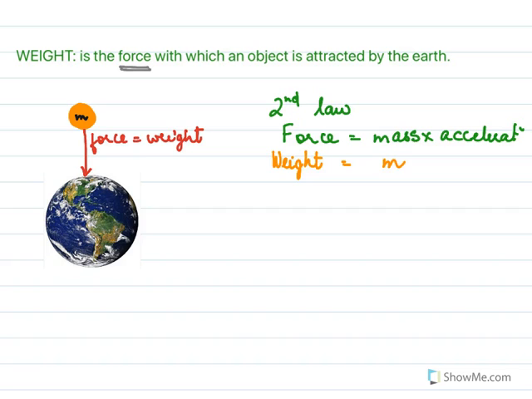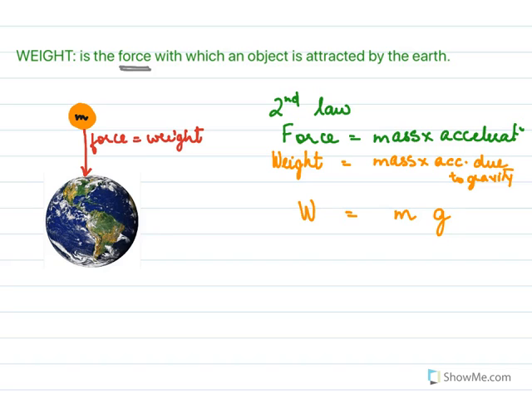And there is an acceleration here which is called acceleration due to gravity, that is g. So here will be mass, and this acceleration will be acceleration due to gravity, which means we can write the formula W equal to m into g.